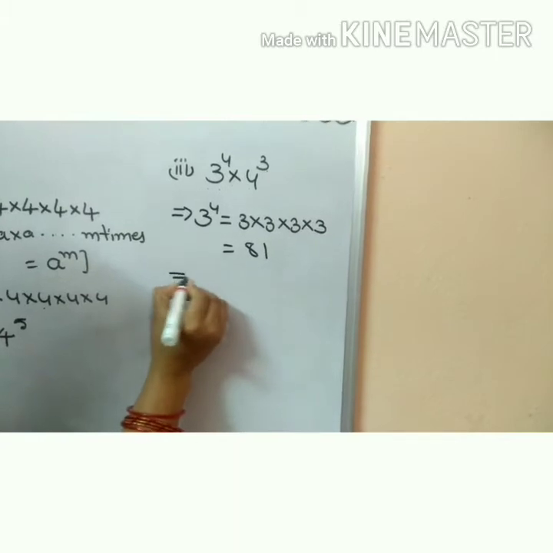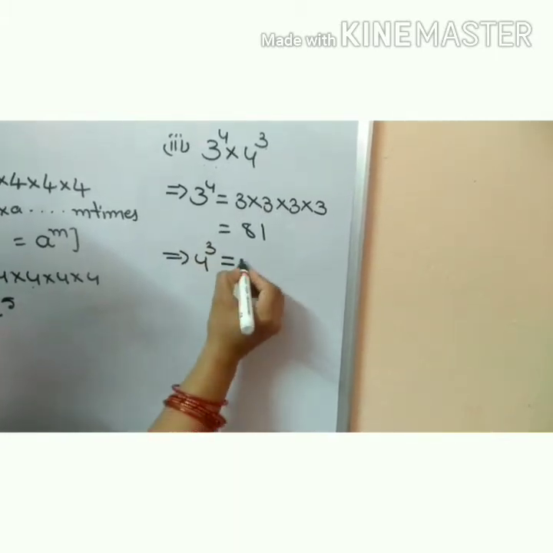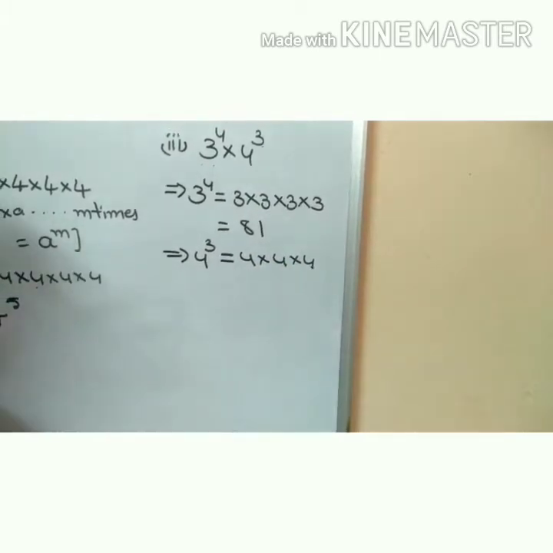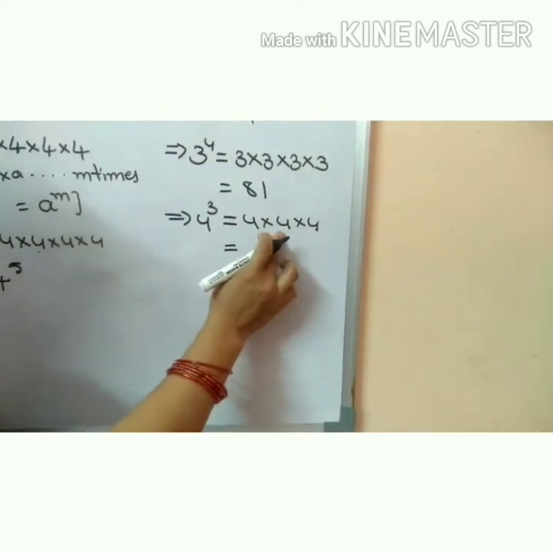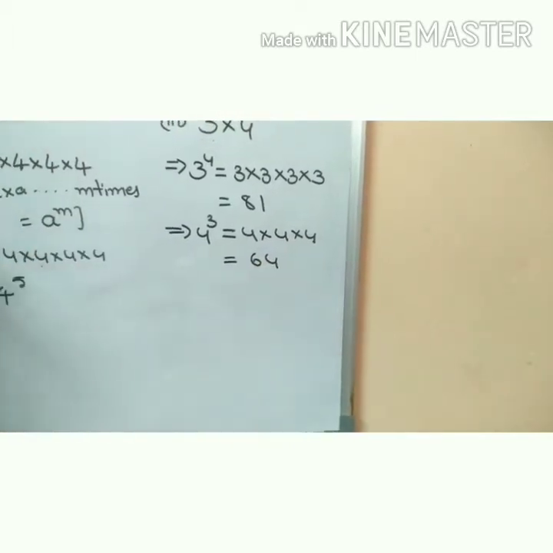Next, 4 power 3. We write 4 into 4 into 4, three times. 4 4s are 16, 16 4s are 64.